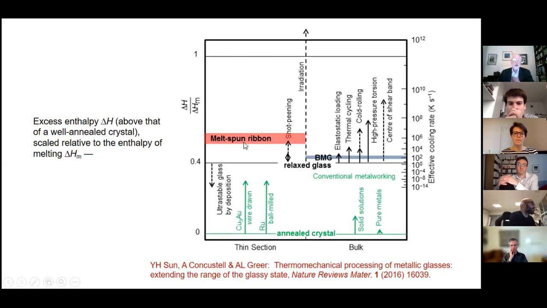If it's been melt spun with an extreme process, cooling at 1,000,000 degrees a second or something, it most certainly has a higher energy than the relaxed system. But even a bulk glass has an energy that's a bit higher. And each of these energies can be in some way related to the cooling rate that you would have to use if you wished to make a glass of that energy by cooling the liquid.